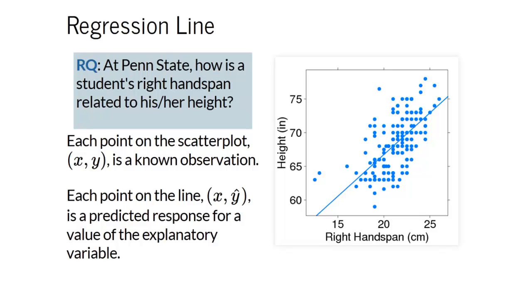Each point on the regression line, however, represents a predicted height for a given value of the explanatory variable. Another thing to notice here is that the regression line is the line that best describes the trend in the scatter plot. For this reason, the regression line is often referred to as the line of best fit.